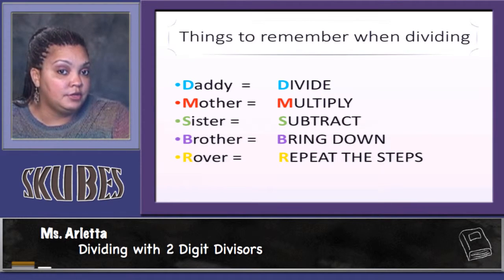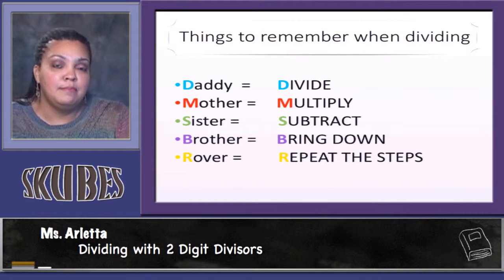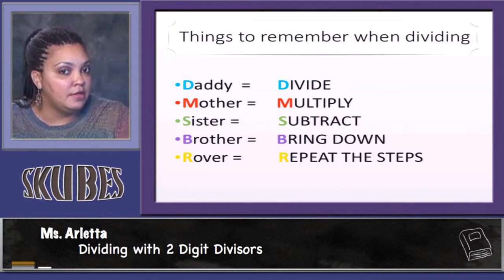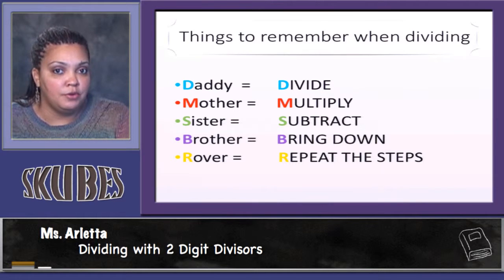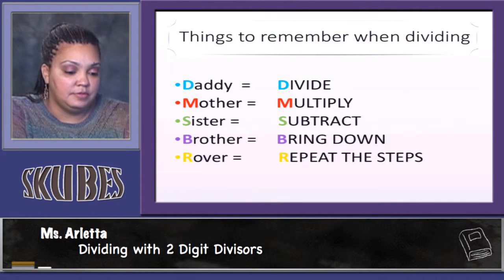And the first letter in repeat the steps is the first letter in rover. So if you can remember daddy, mother, sister, brother, rover, that should help you to remember to divide, multiply, subtract, bring down, and rover, meaning repeat the steps.